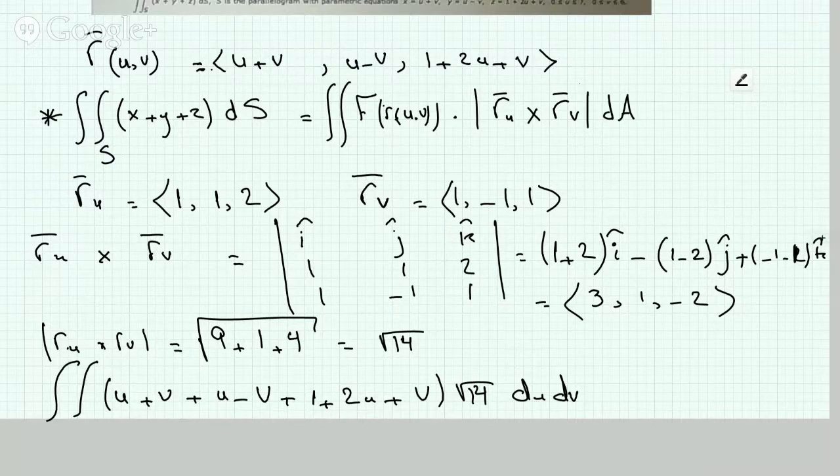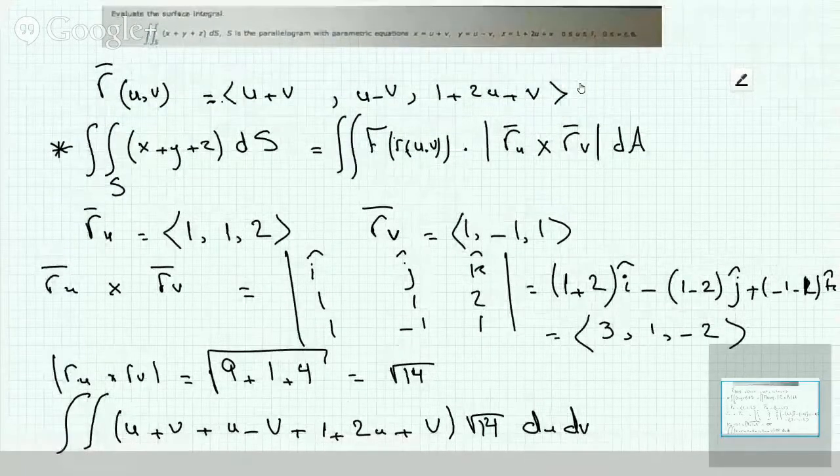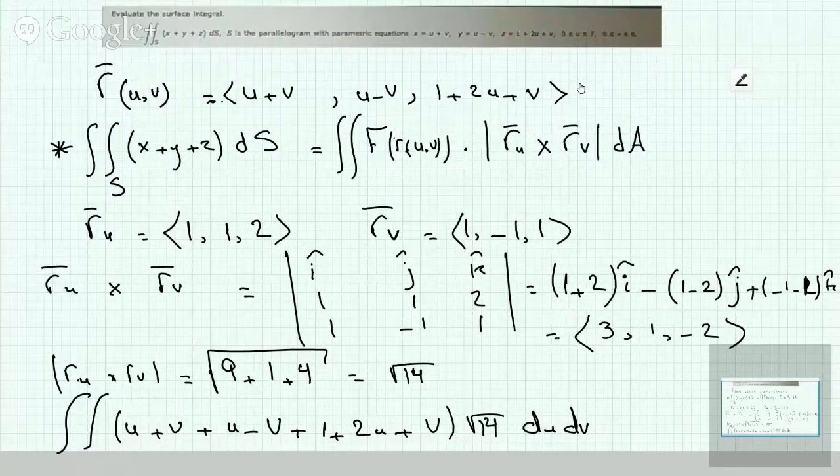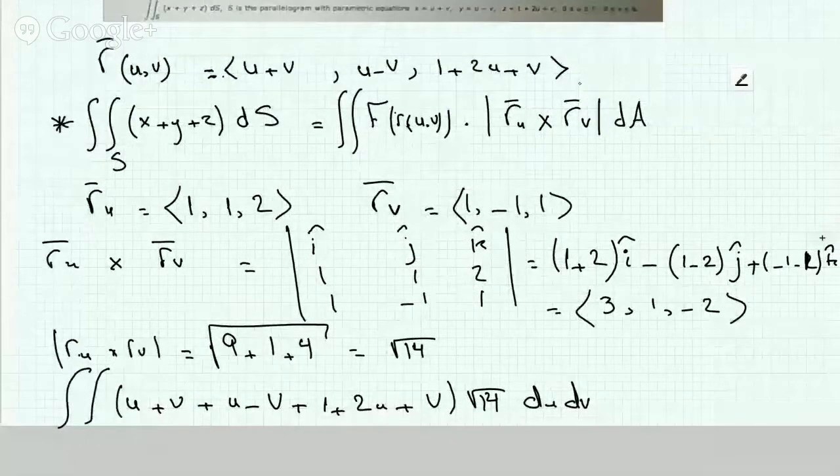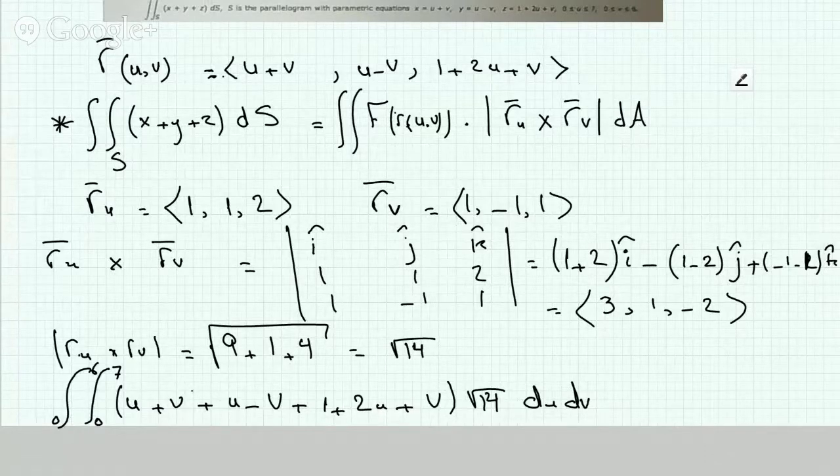And we are told that u goes from 0 to 7. So this will be our bounds, 0 to 7. And v goes from 0 to 6. And this is, of course, a straightforward integral in u and v.